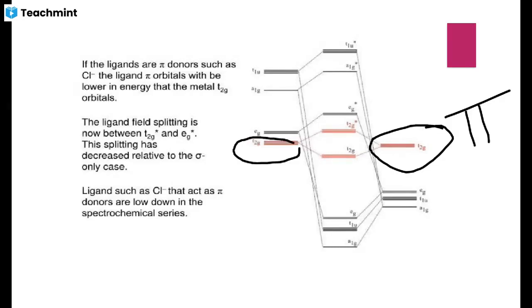If these two orbitals couple, you get two orbitals, T2G and T2G star. You see, if it is non-bonding, this T2G is in between. So delta O is decreased from sigma only to pi bonding, pi donor ligands.